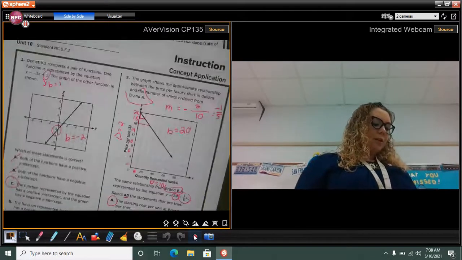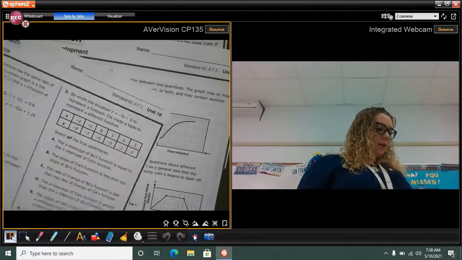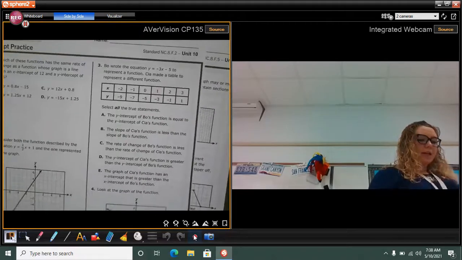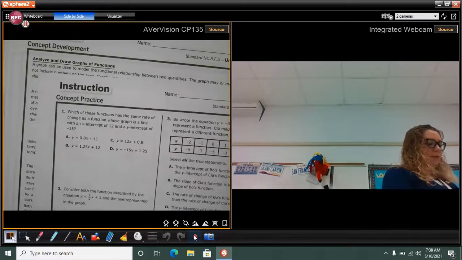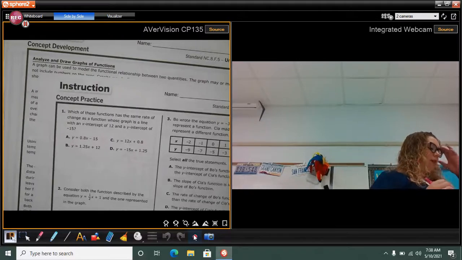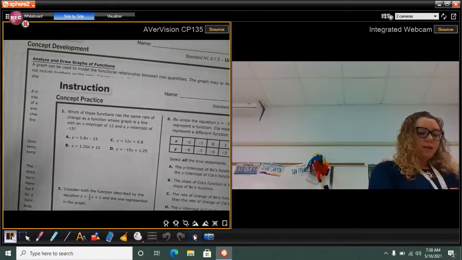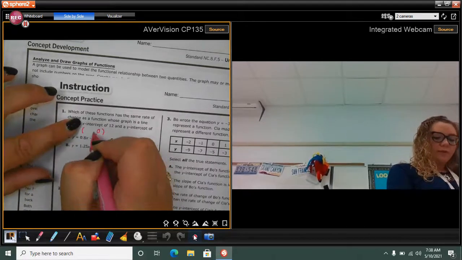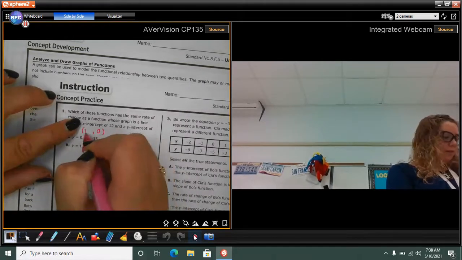You're responsible to do the back. However, I am going to give you a little hint. Let's look at number 1. It says, which of these functions have the same rate of change as a function whose graph is a line with an x-intercept of 12 and a y-intercept of negative 15? The x-intercept is your number when y is 0, so it's going to be 12, 0.